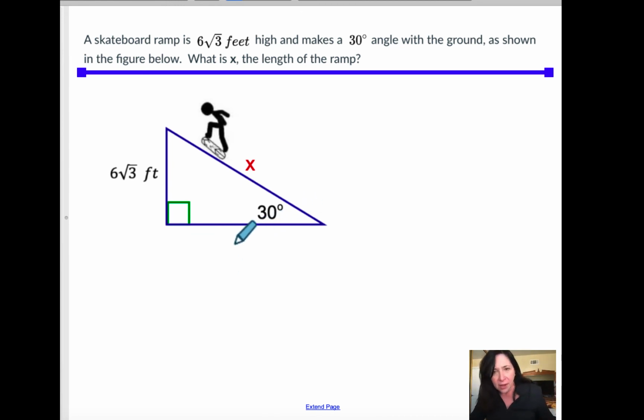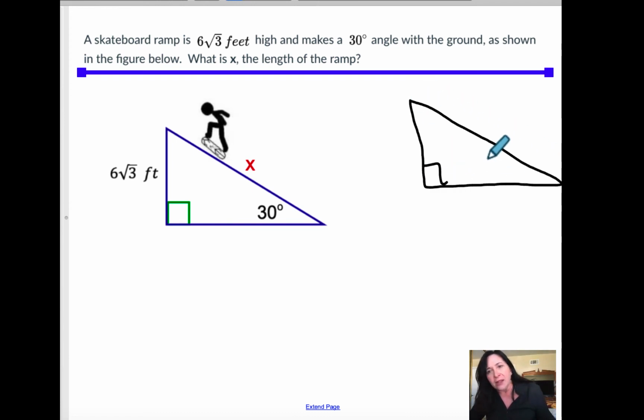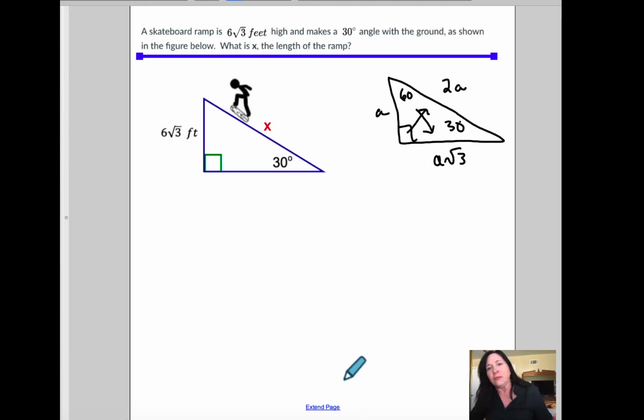Number one, if you recall from our special right triangles, across from the 30 is A, across from the 90 is 2A, and across from the 60 is going to be A root 3. In which case, across from the 30 is A, that would make 6 root 3 A. And then that would make across from the 90, 2 of that. So 6 times 2 is 12, so that would be 12 root 3.